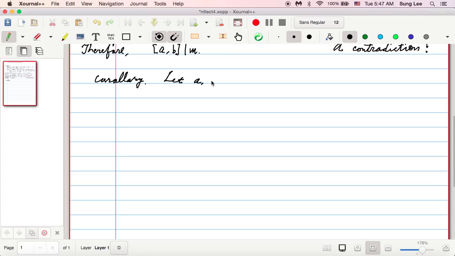Let a prime and b be integers. If a and b are relatively prime and a prime and b are relatively prime, then a prime and b are also relatively prime.